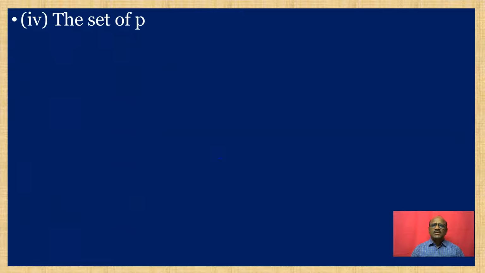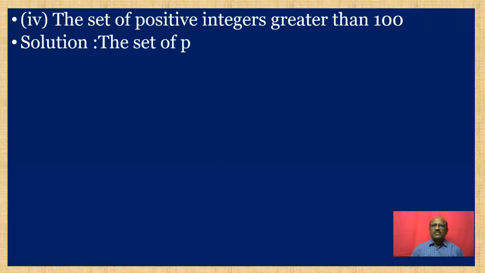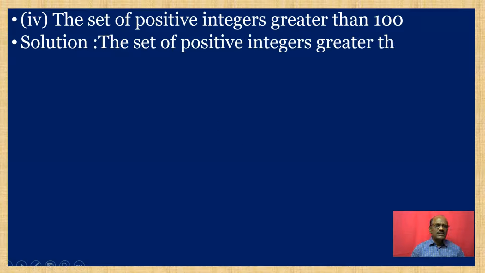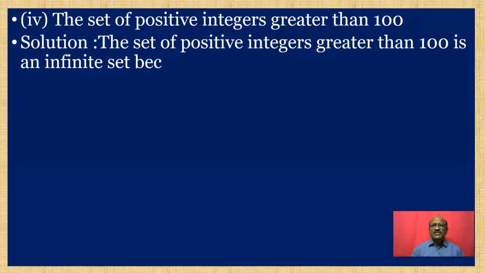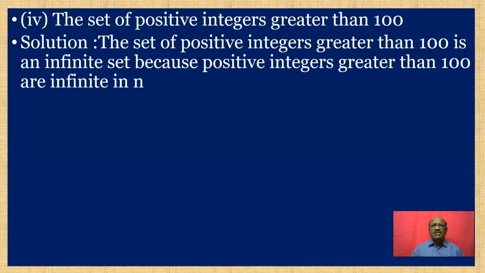Next, the set of positive integers greater than 100. The set of positive integers greater than 100 is an infinite set because positive integers greater than 100 are infinite in number.